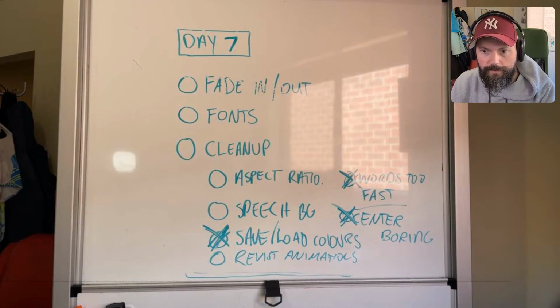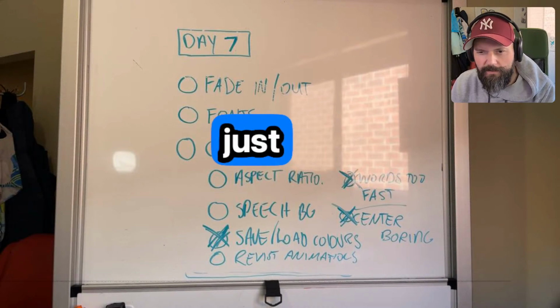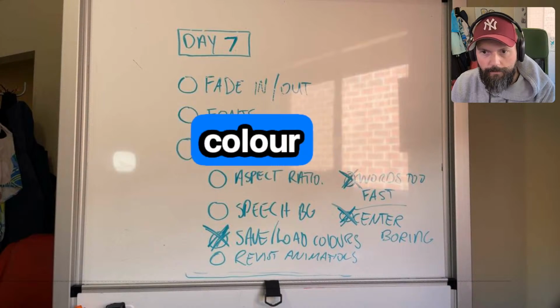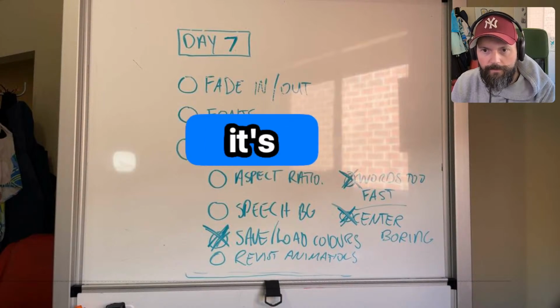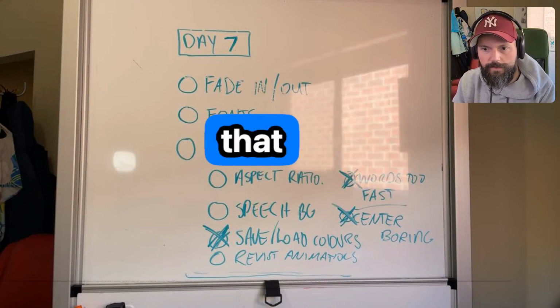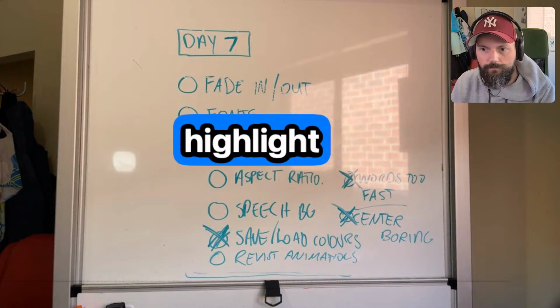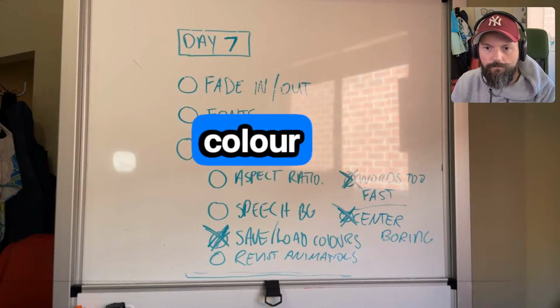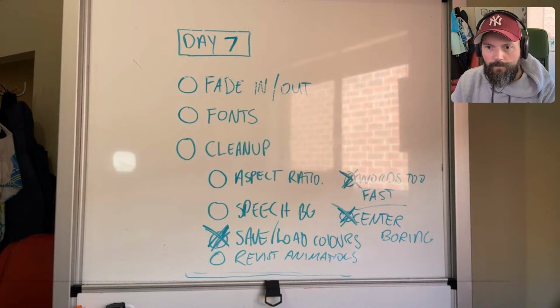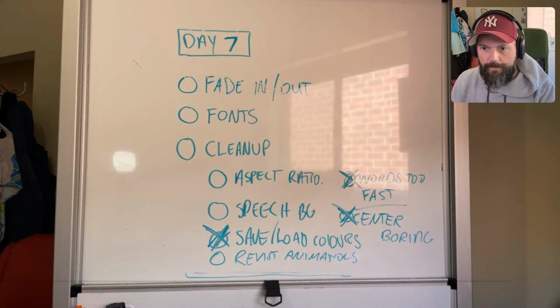So what I'm going to do is have the highlight color. At the moment it's always set to white. I want to make that the caption settings text highlight color. And the foreground color here, I don't know if that will work straight off the bat.